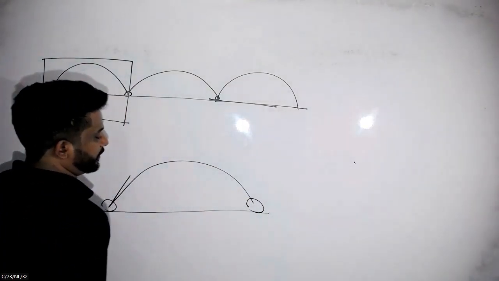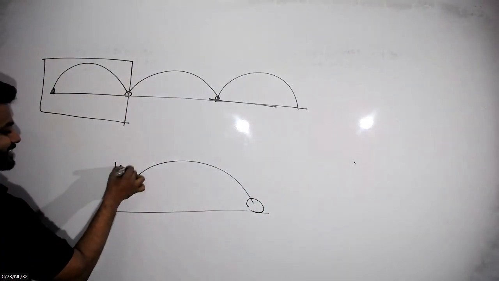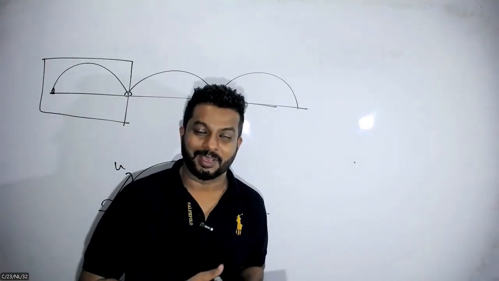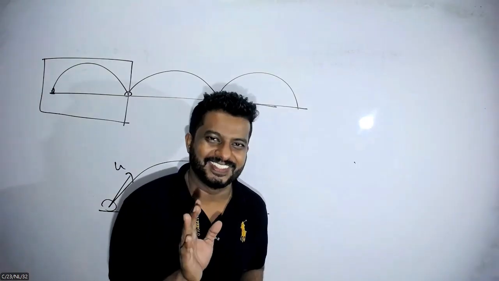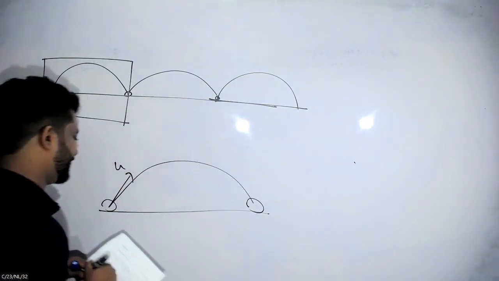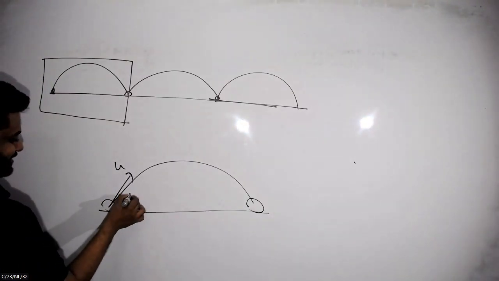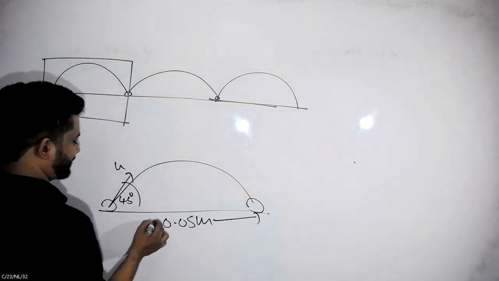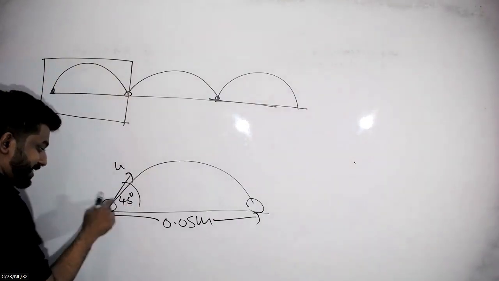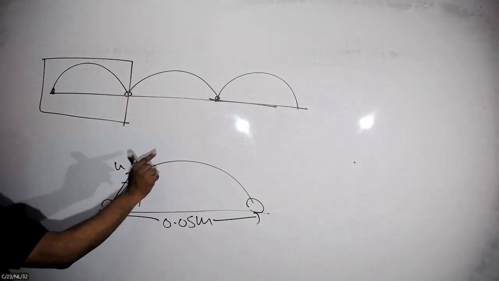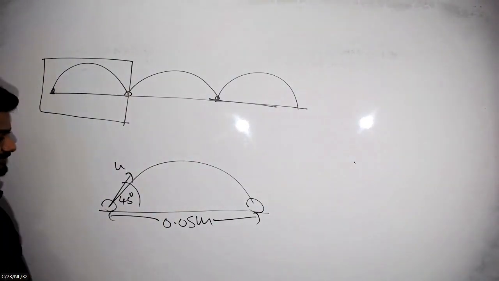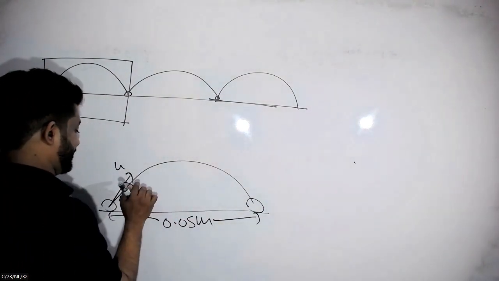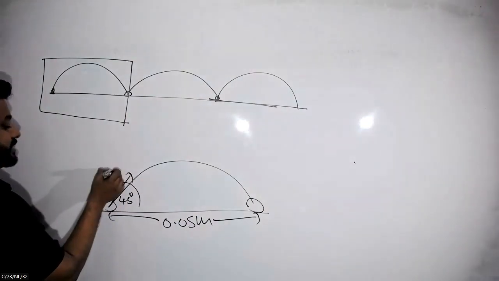This insect obtains maximum horizontal range. What is the theory point? The projected angle should be equal to 45 degree. Look, it jumps measuring exactly, right? To obtain maximum horizontal range 0.05 meter, this insect should jump at 45 degree with the horizontal. Got it? Then you can identify the initial velocity of the insect. Why?